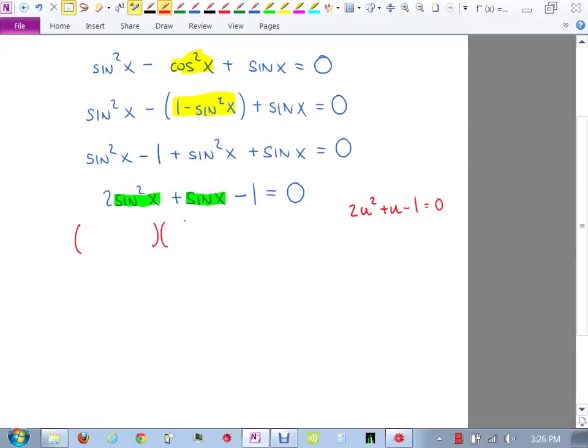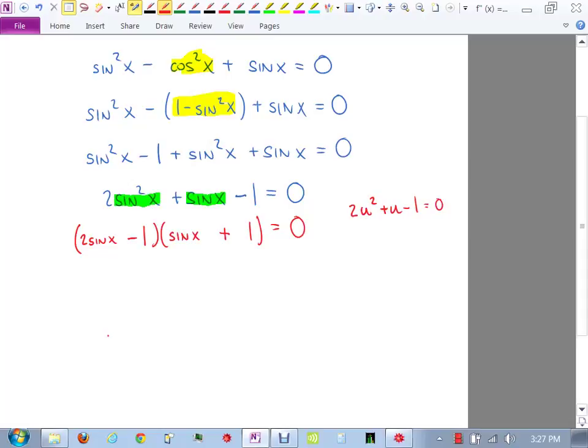So it can factor to be 2 sine x times sine x, let's see here, plus 1 here and minus 1 there. Does that work? Is that the correct factoring of that? Yes?